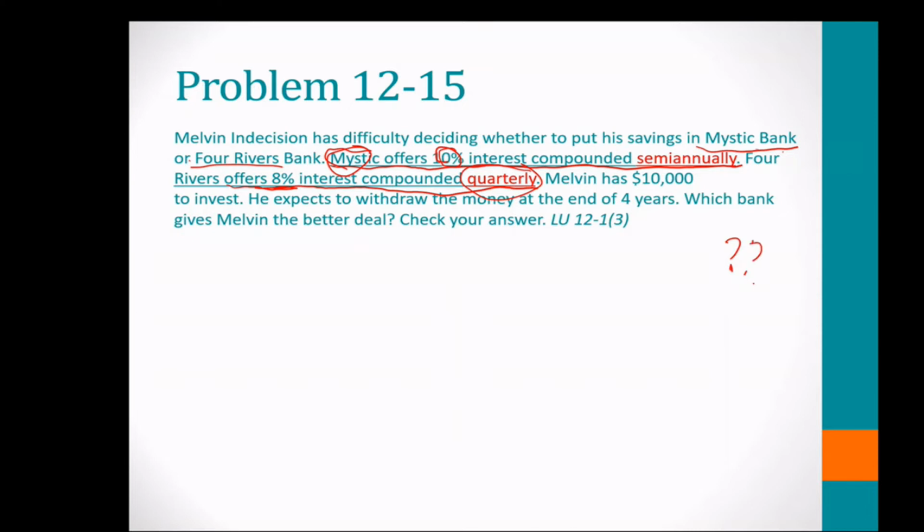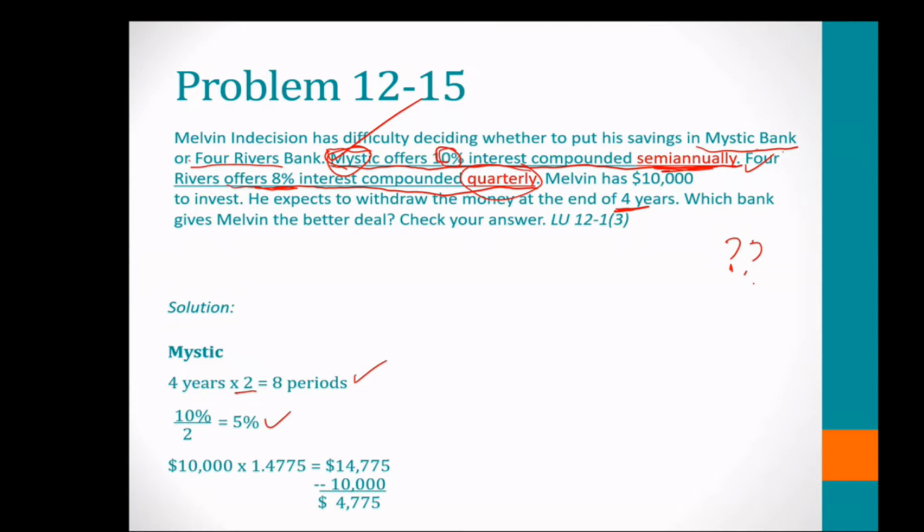I need to do my calculation and find the compounded interest value after 4 years. Simply, I calculate for Mystic and for Four Rivers. Which is better for me? Here is Mystic, 4 years times 2 because it's semi-annually, so 8 periods. 10 divided by 2 is 5%.